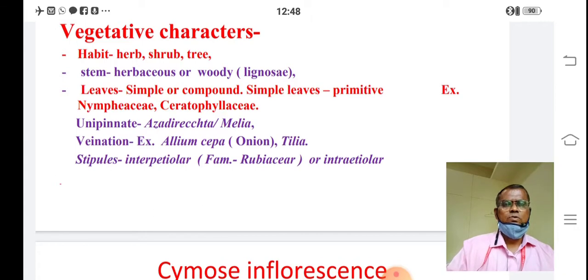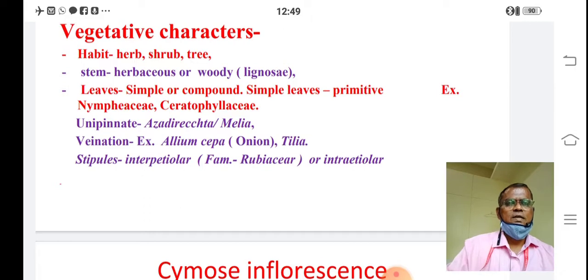What is a stipule? A stipule is nothing but a leafy outgrowth present at the base of the leaf, in between the petioles or below the petiole. Therefore there are two types, intrapetiolar stipule and interpetiolar stipule, as in the family Rubiaceae. For our next practicals, we will see this.